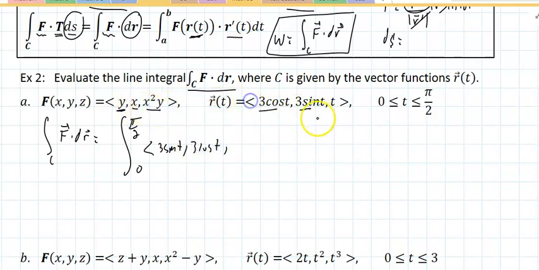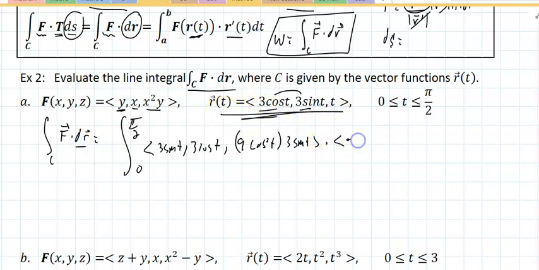And x squared y would be 9 cosine squared of t times 3 the sine of t. And I'm going to dot that with dr. What's the derivative of that? That is negative 3 the sine of t, 3 the cosine of t, and a 1 dt.